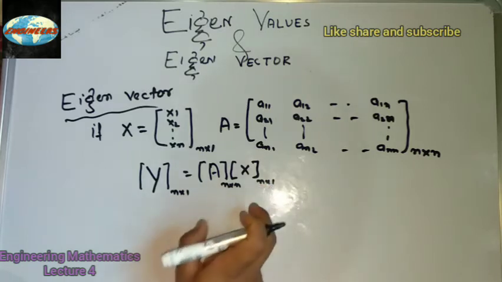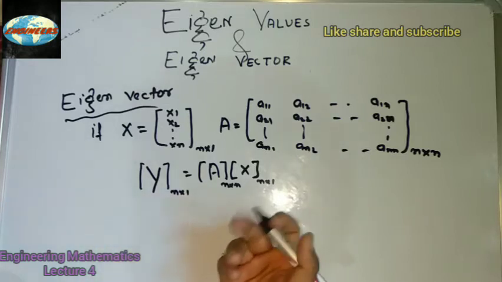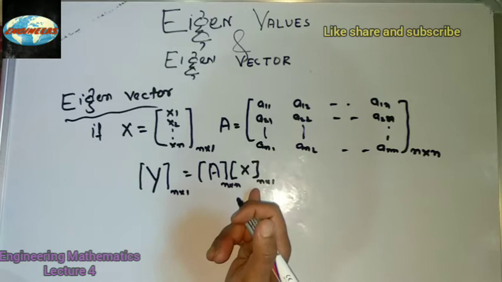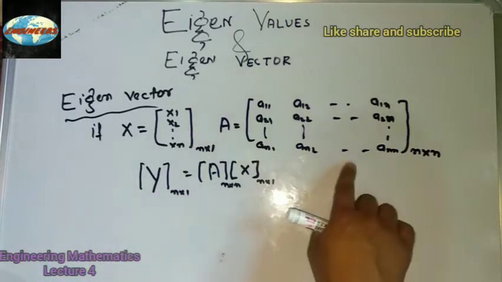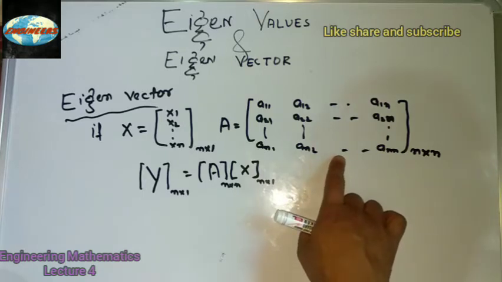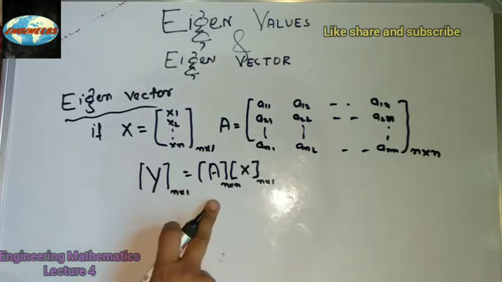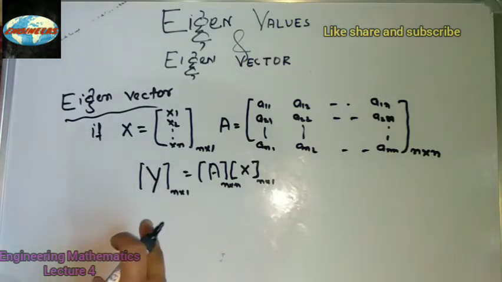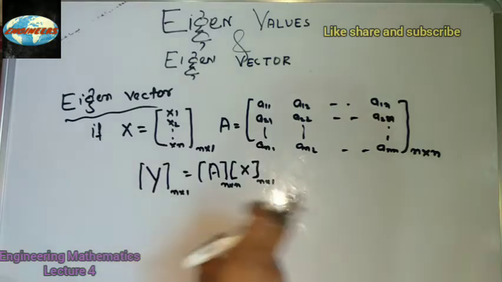It is converting the vector X into the vector Y with the help of the given matrix A, which is also called the coefficient matrix. So this linear transformation carries the column vector X into the column vector Y by means of a square matrix A.